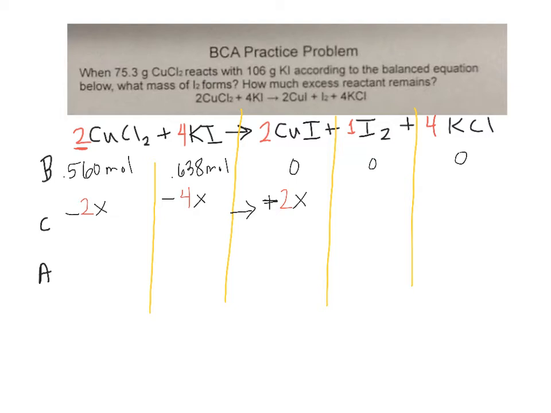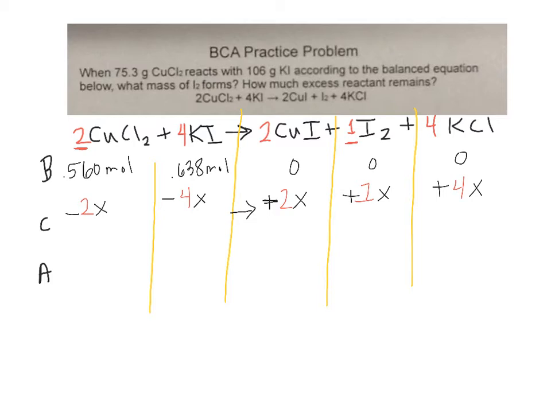The iodine here is plus, it's kind of an ugly looking one, but that's a 1x. And then your KCl, potassium chloride, plus 4x. All right, so we're just dropping down those coefficients and calling everything x.